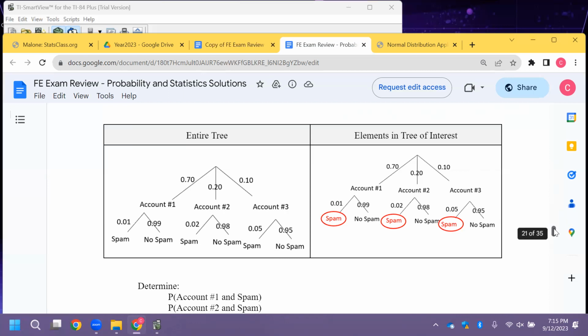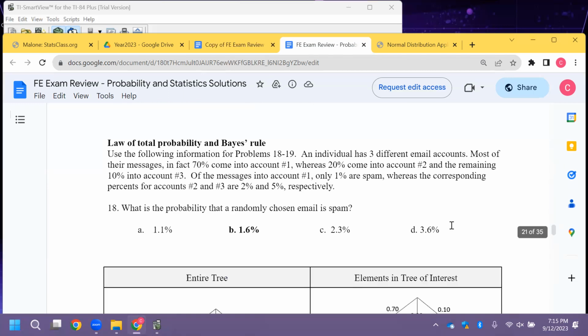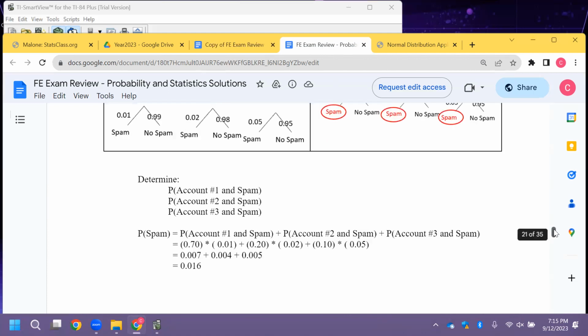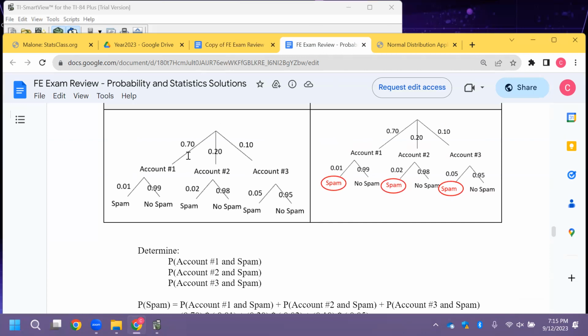Now, what are they asking for? What is the chance? Okay. So what is the probability that a randomly chosen email is going to be spam across these 3 accounts? So how I tackle that is I'm going to multiply these probabilities together. So over here on the right on my tree, all I care about are the spam arms there.